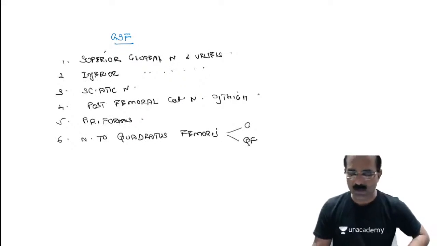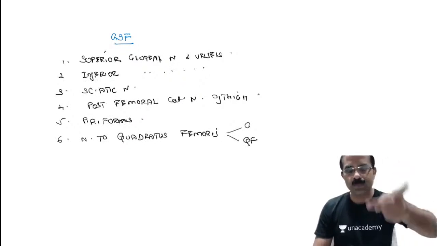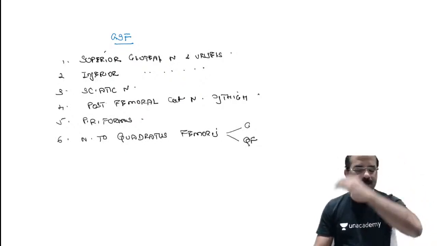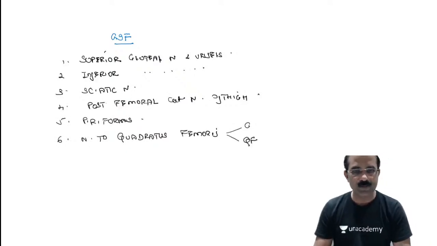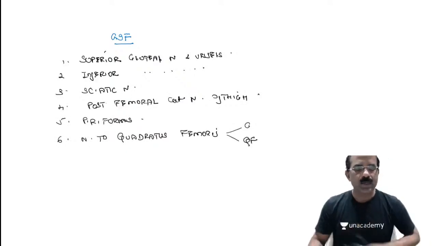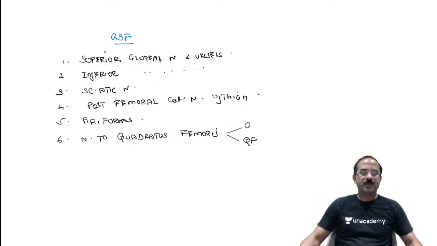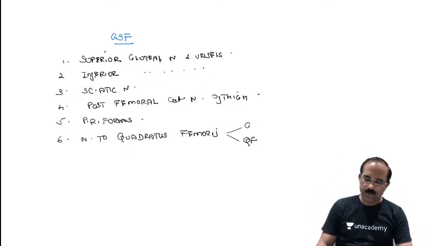Can anyone answer this? It supplies the quadratus femoris and the inferior gemellus.